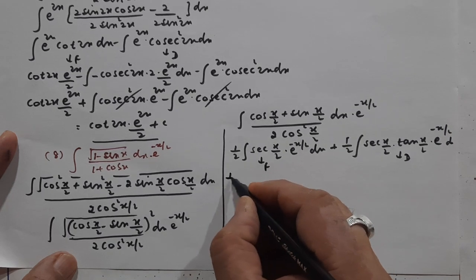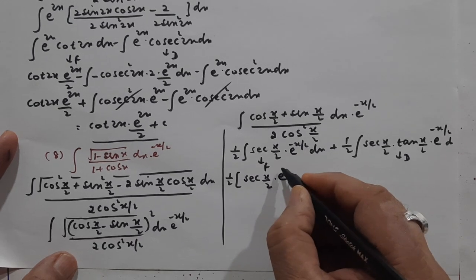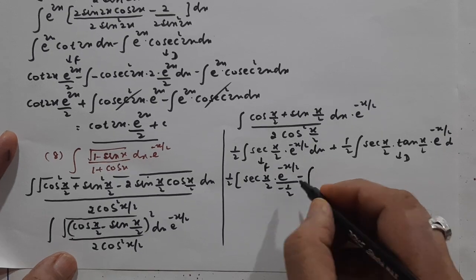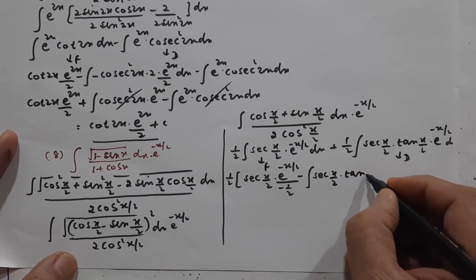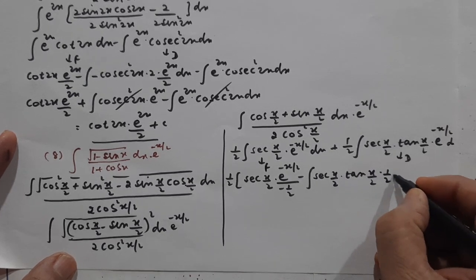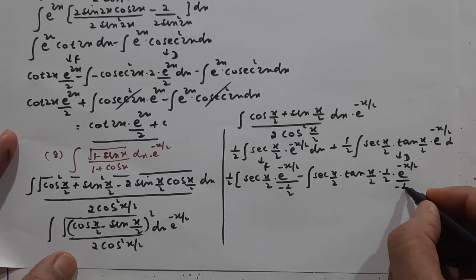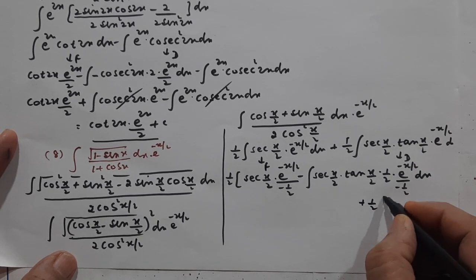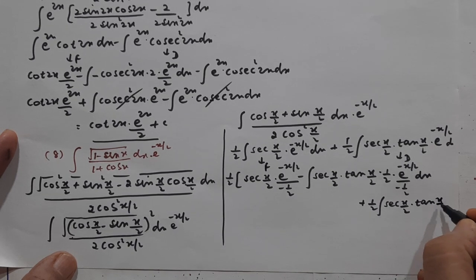So we integrate this factor: 1 upon 2, first function secant x by 2, integral of e power minus x by 2 is e power minus x by 2 upon minus 1 by 2, minus 1 by 2 into derivative of first, secant x by 2 into tangent x by 2 into 1 by 2, into e power minus x by 2 upon minus 1 by 2 dx, plus 1 upon 2 secant x by 2 into tangent of x by 2 e power minus x by 2 dx.